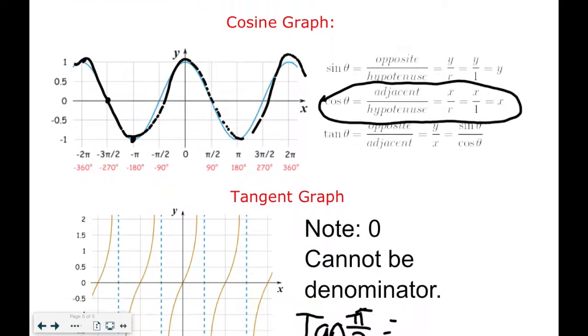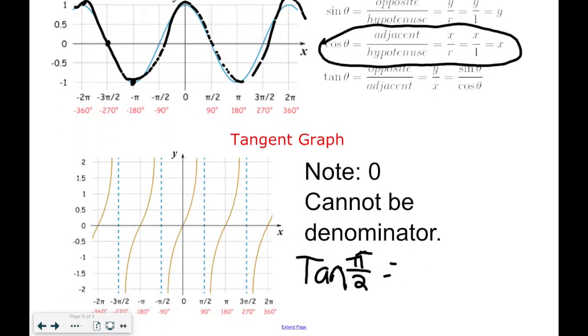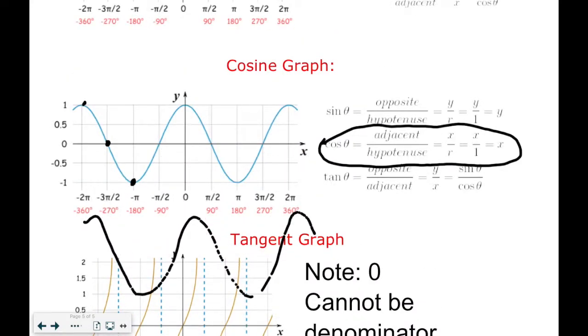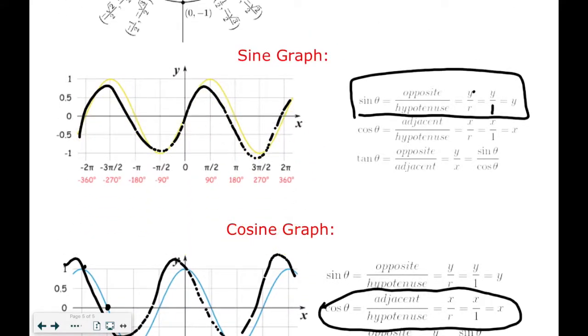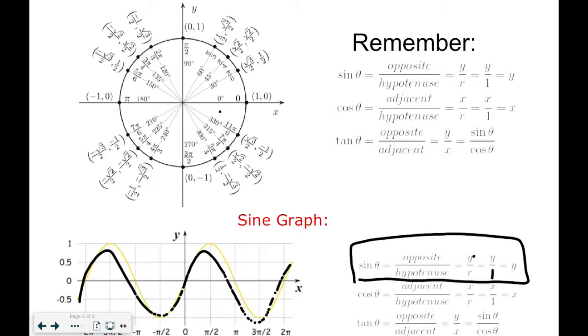Now, the tangent graph. Note that there are 4 vertical asymptotes. And why are there 4 vertical asymptotes? Because 0 cannot be the denominator. If you look at the tangent graphs, you see that it is opposite over adjacent, or y over x.